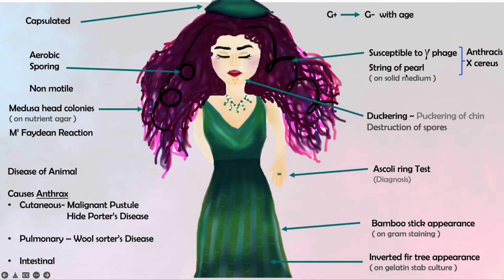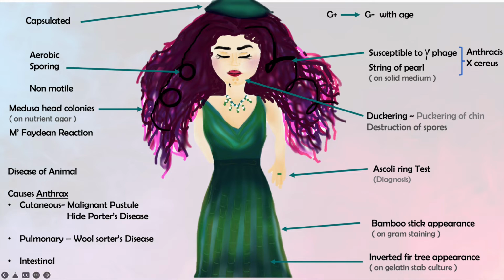Now these two features are unique to Bacillus anthracis and not to Bacillus cereus. So only Bacillus anthracis is susceptible to gamma phage and forms string of pearls on media. So that's how we can differentiate between anthracis and cereus.